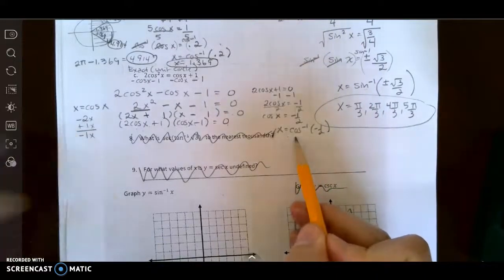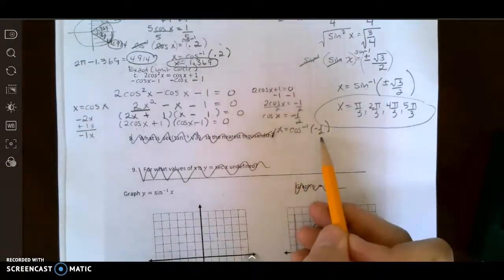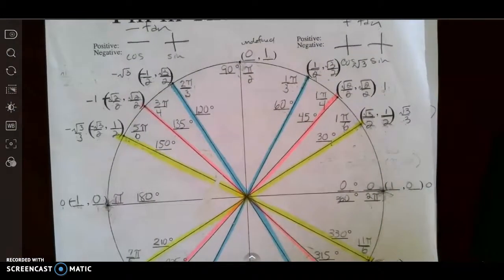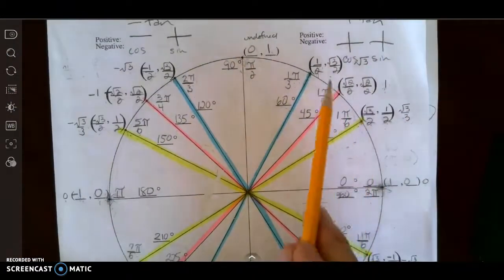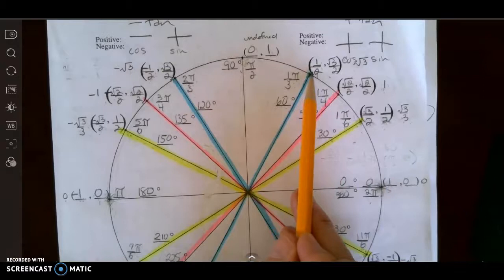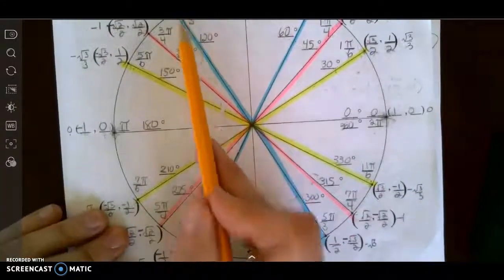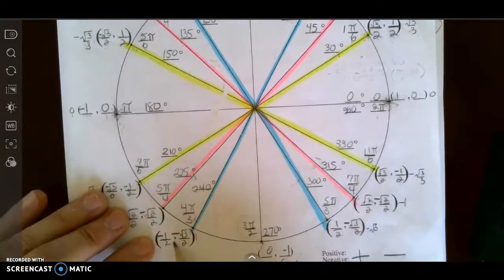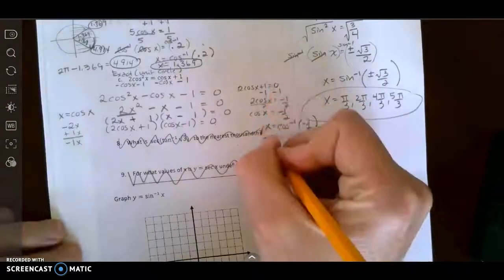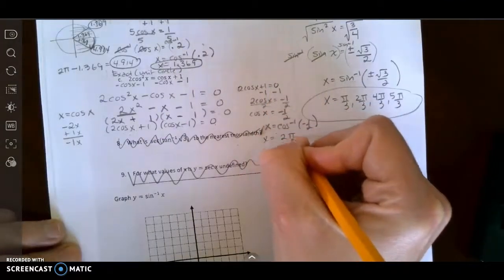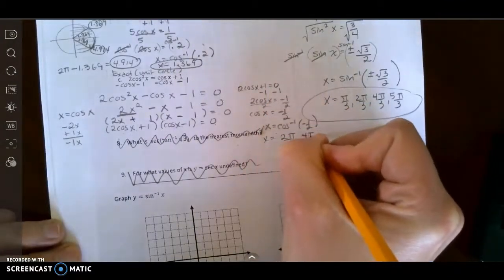Because it's cosine, x coordinate, negative 1/2. X coordinate, there's 1/2, but I need negative 1/2. Oh, there it is, at 2 pi over 3. Here it is again at 4 pi over 3. So x equals 2 pi over 3 and 4 pi over 3.